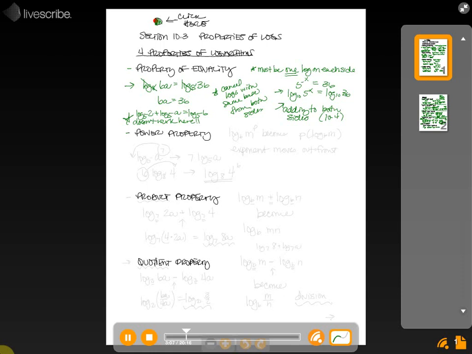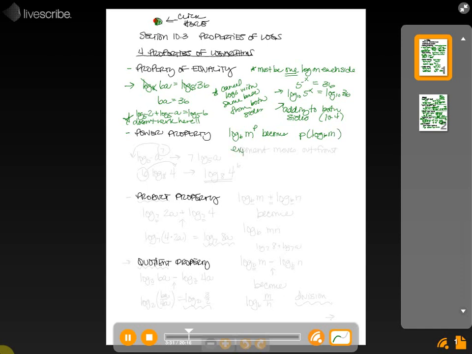The next one is called the power property. I'm going to use several letters here, don't get confused by the letters, we're going to have a bunch of variables. It says if we have something like log base b of m to the p power, it's going to become p times the log base b of m.